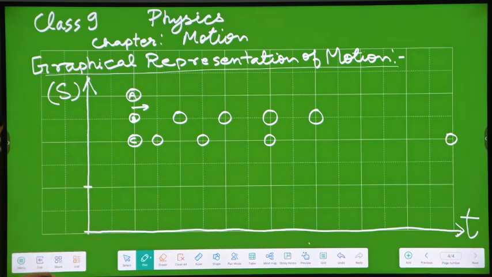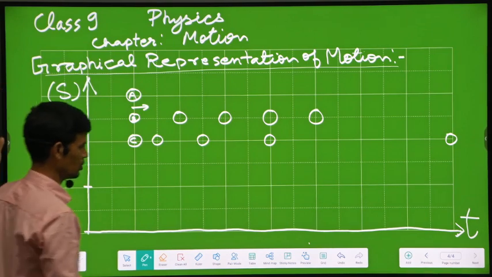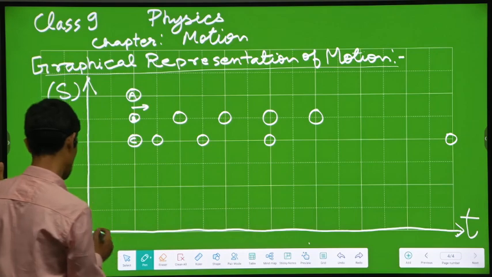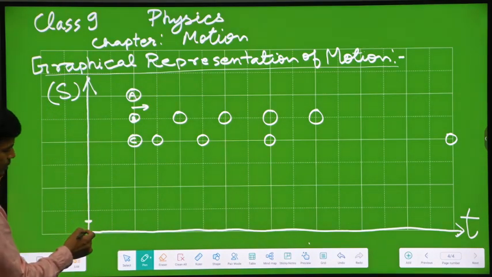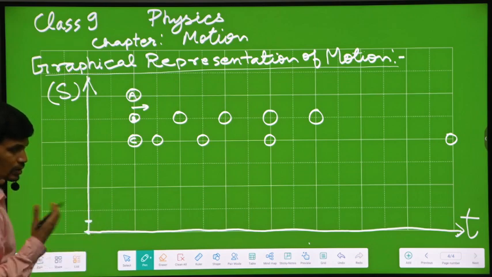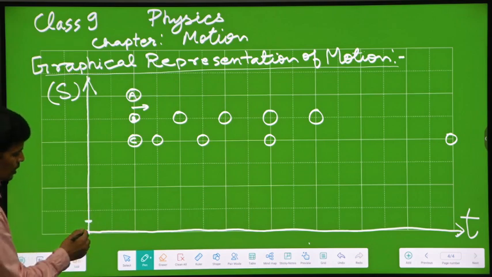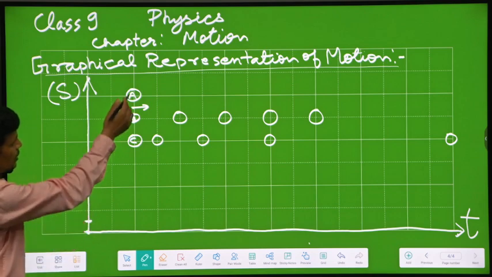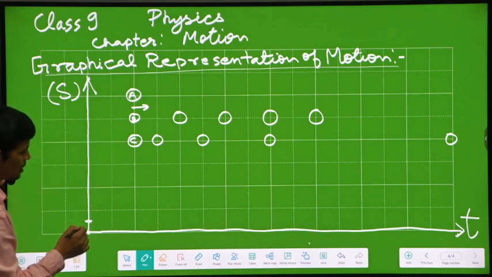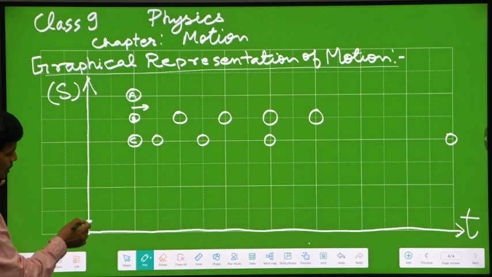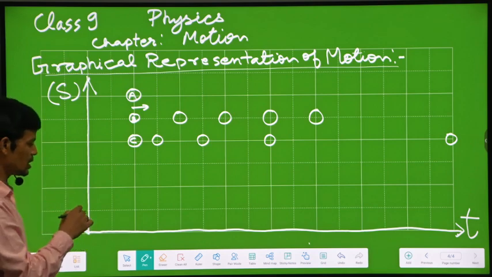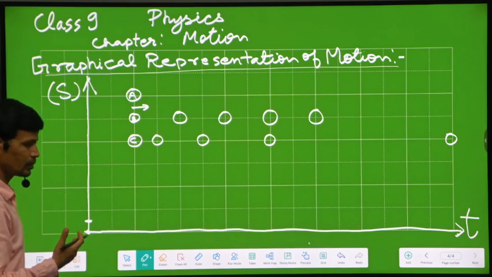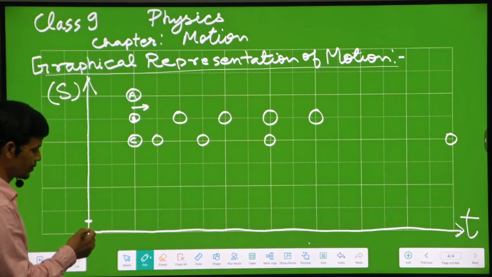This is me, let us suppose I am at the origin, I am observing this object A, it is here at some separation. It is not the distance traveled, but its initial separation from the reference point, that is me.